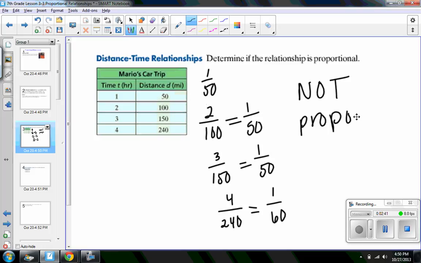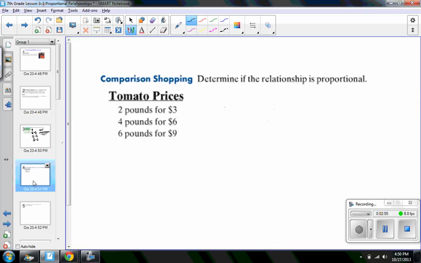So it's very important that you put all of your input and output values in a ratio and simplify, because you could get to the last one to see that it is not proportional. So let's look at the next one. Just tomato prices. So 2 pounds for $3, 4 pounds for $6, 6 pounds for $9. I'm going to take my input and put it over my output. And that is simplified.